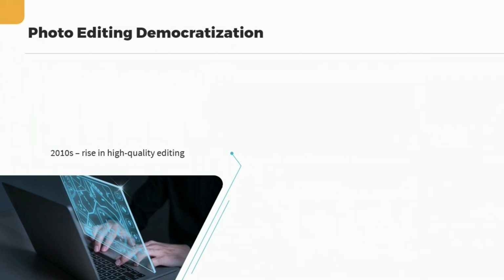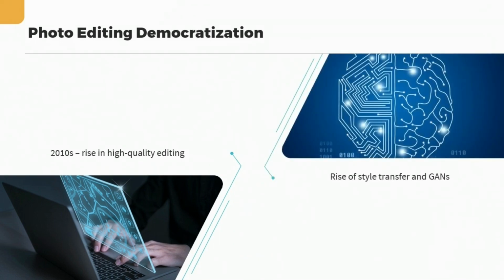And once we had this rise in high quality editing, we started looking at, hey, now that we have the computing power, can we go ahead and do the rise of style transfer and GANs later in the 2010s? And again, we had the models for GANs for quite a while before we actually made them accessible for everyone with the tools that we have, such as a computer.